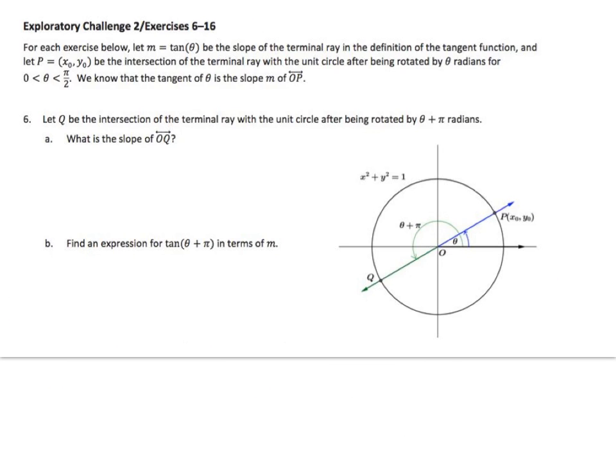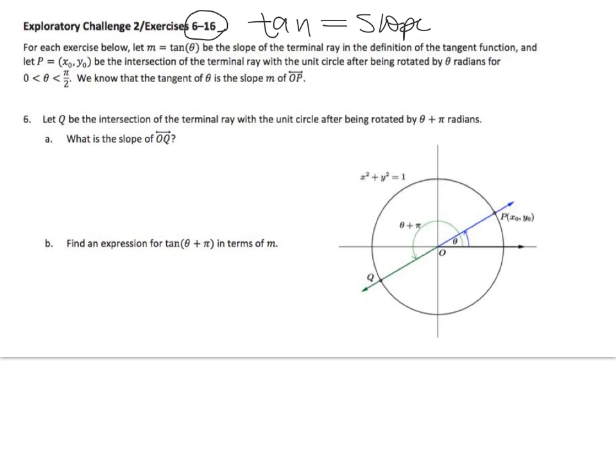Okay, exploratory challenge 2, exercises 6 through 16. Yes, that's a 16. Whew. This is a discovery exercise, and we're going to talk about many facts or identities about the tangent function using the unit circle with the slope interpretation. If you remember, we've done in the past, tangent equals slope of a line. I think we just did it in the last lesson, or we've done it in geometry.